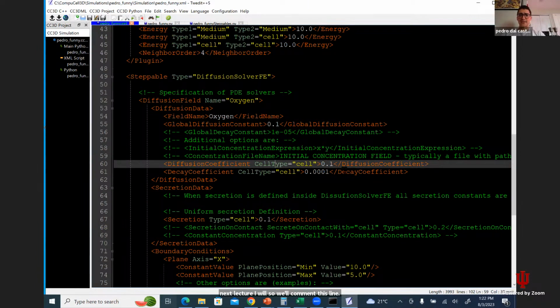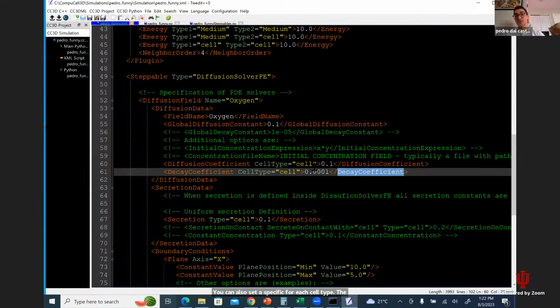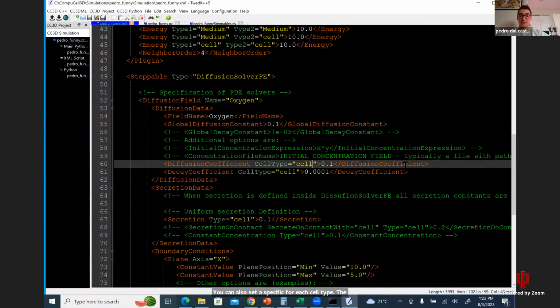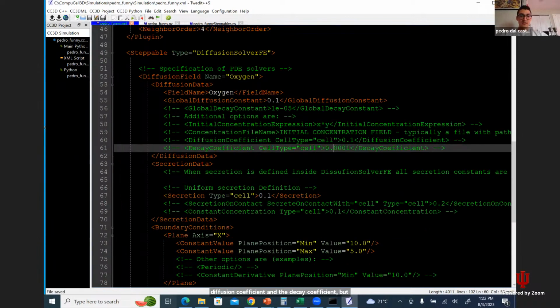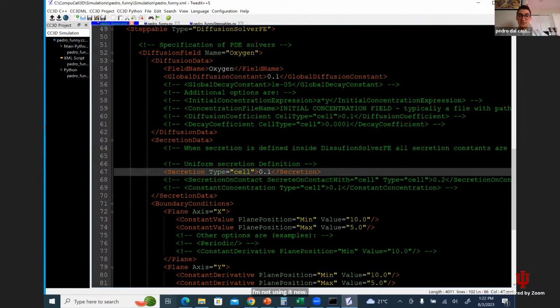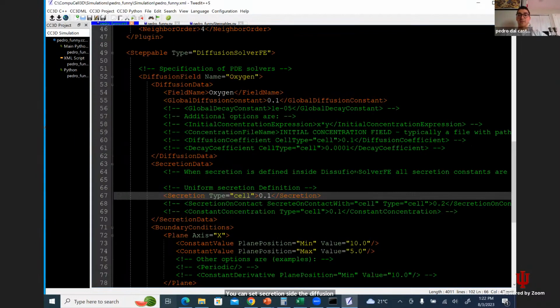You can also set, specific for each cell type, the diffusion coefficient and the decay coefficient, but I'm not using it now, so I will comment. You can set secretion inside the diffusion steppables, but I'm not using it now. So an oxygen field with a global diffusion constant, that's it.